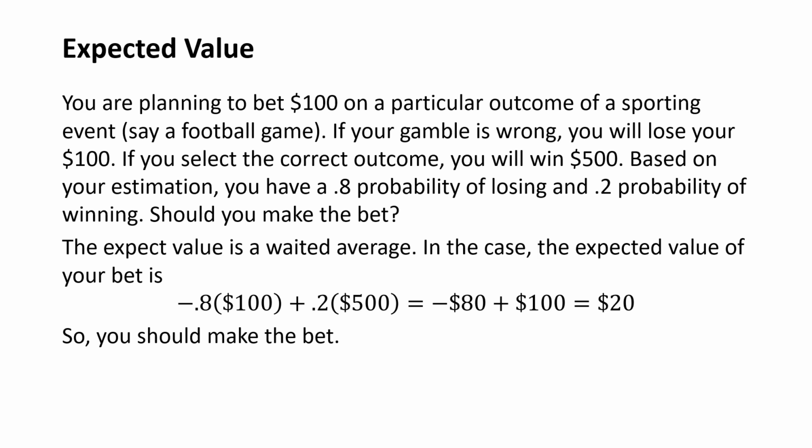So if the payout was the same, of course you wouldn't want to do the bet because you've reasoned that you have an 80% chance of losing. But as you get more money for betting on a long shot, you may want to analyze the relative payoffs.